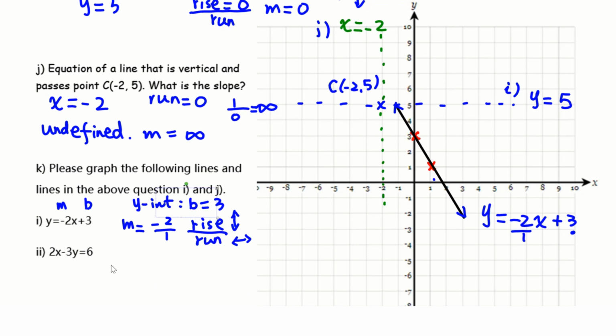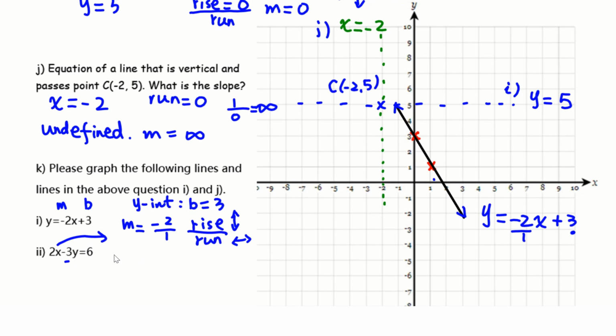And for the second graph equation, it's not given in slope y-intercept form. You could use this one to find x-intercept, y-intercept, or you could convert this one to slope y-intercept form by solving for y. So isolate y. So in order to isolate y, we are going to move the x to other side, then move the negative 3 to other side.